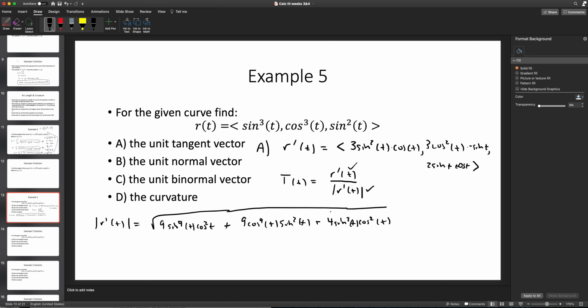Then we look to see if we can use any identities or anything in common.